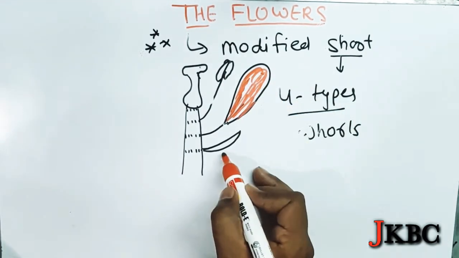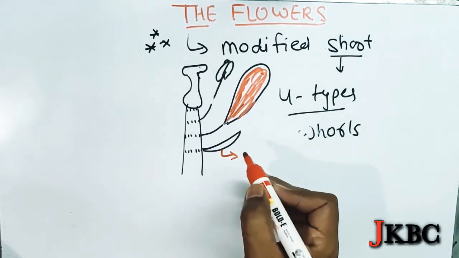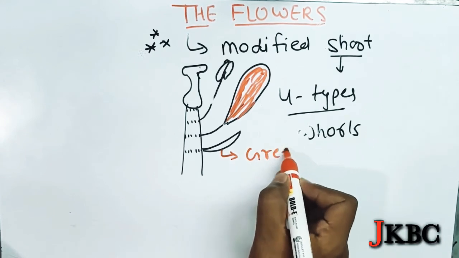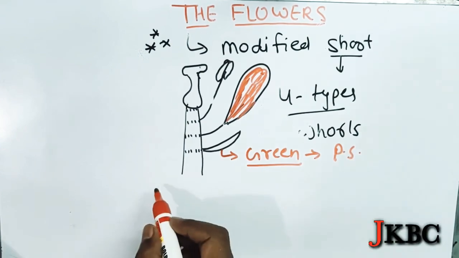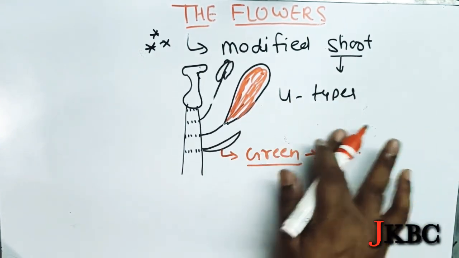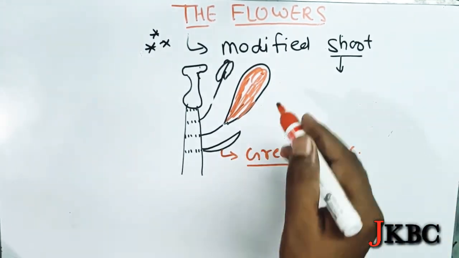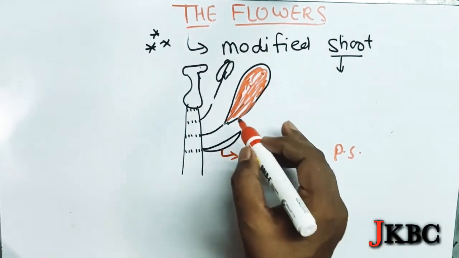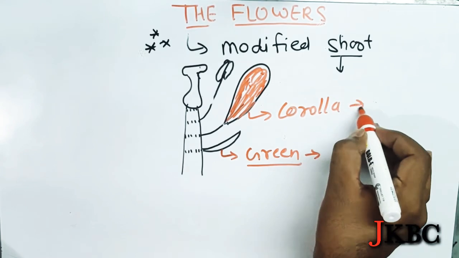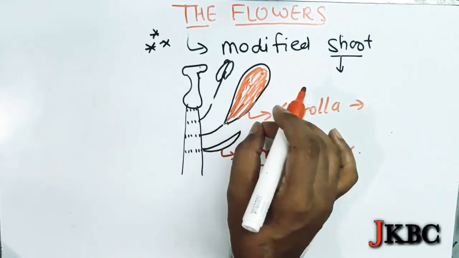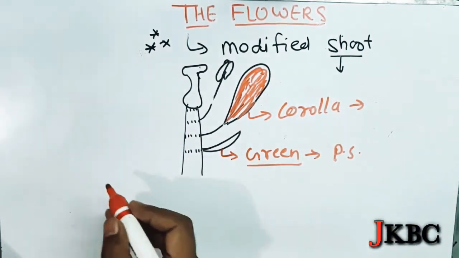Basically, the calyx is colored, and that color is green in nature. That's why it is photosynthetic. The calyx, you know about that; we detailed it in an initial video. The second one is the corolla. The corolla is colored, with different colors, like a rose.